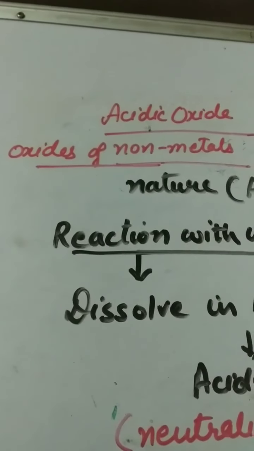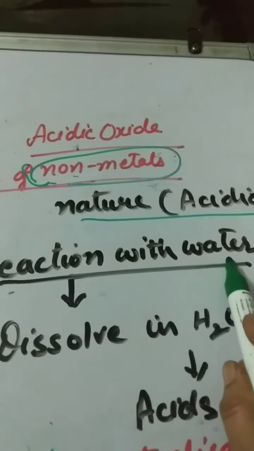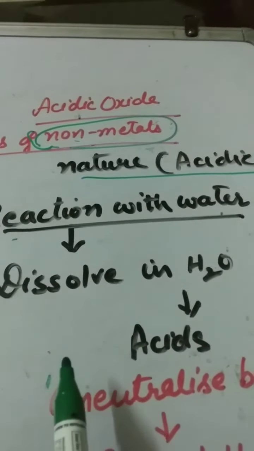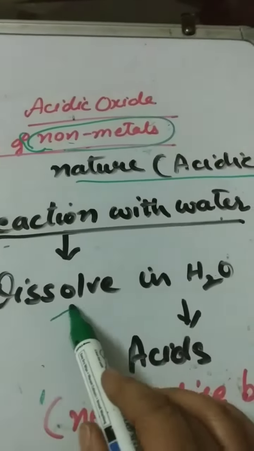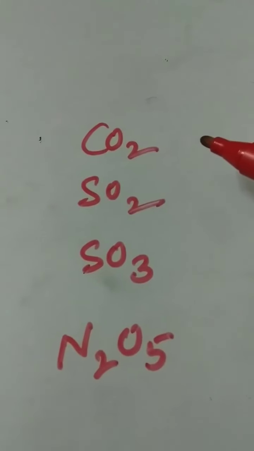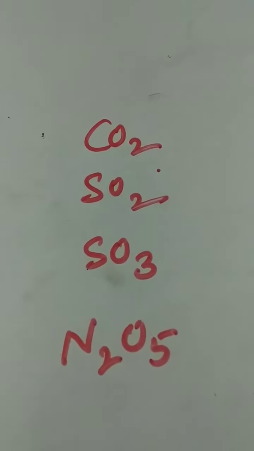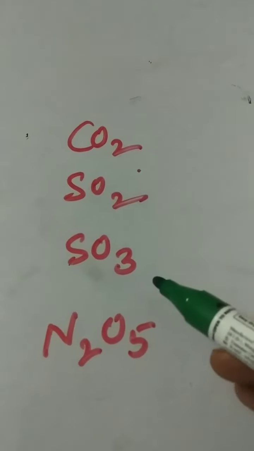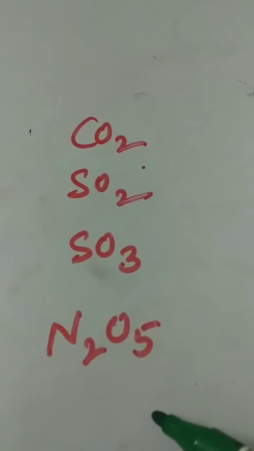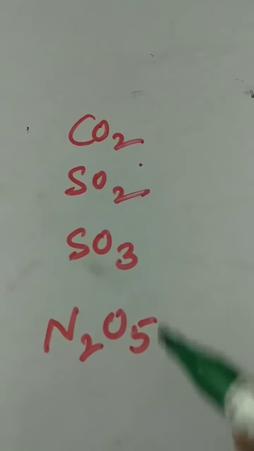When these non-metal oxides react with water, first they dissolve in it and form acids. When acids mix with a base, they neutralize it and form salts and water. Non-metal oxides: carbon dioxide, sulfur dioxide, sulfur trioxide, dinitrogen pentaoxide. These all are non-metal oxides.